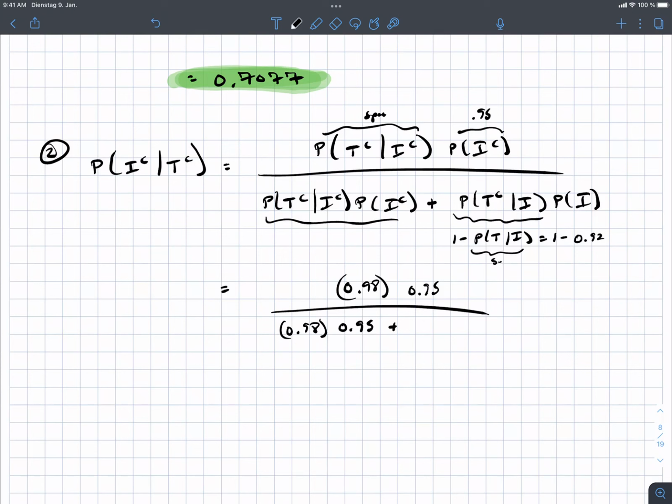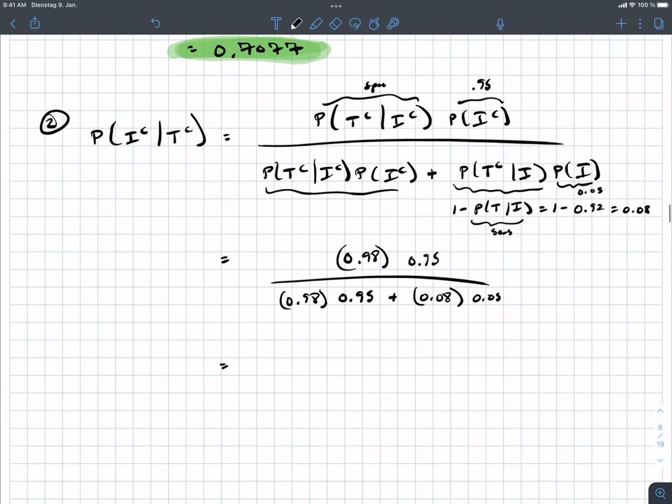This, remember, is our sensitivity, so that's 0.08. And this here is the prevalence in the population, that's 0.05. So if you do all that, you get a number pretty close to 1, 0.996.